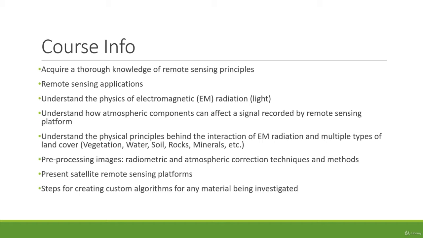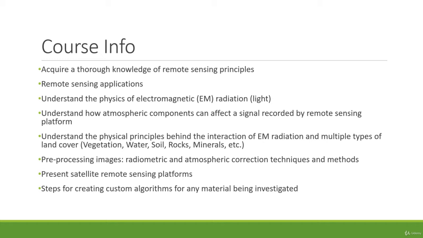After that we're going to dive straight into the physics of electromagnetic radiation in detail, and specifically how light interacts with atmospheric particles and how we can correct for them when we look at our images. We'll also look at how light interacts with different land cover types, such as vegetation, water, soil, rocks, and minerals. Different land cover types reflect and absorb light differently, so this is the main concept on how we can distinguish between them in our remote sensing images.